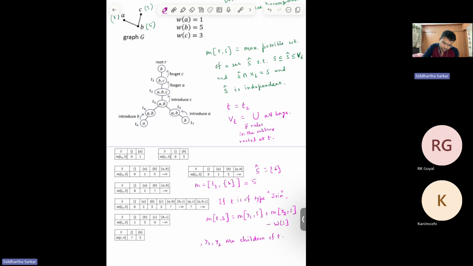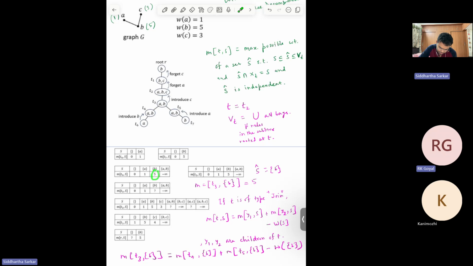So what are the children of T3? The children of T3 are T4 and T5. So now we want to write the same thing. M of T3 comma B should be M of T4 comma B plus M of T5 comma B minus weight of B. M of T4 comma B is already computed in this table.